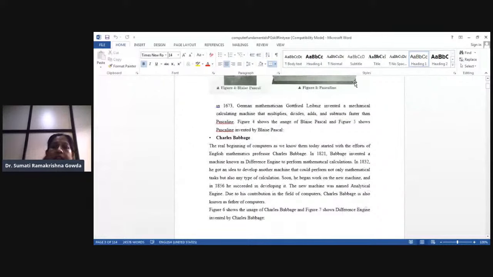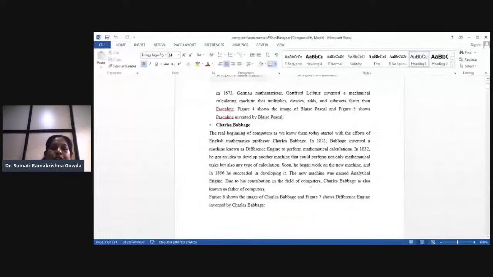See, the earlier Pascaline and Gottfried Leibniz machines were all differential machines. Charles Babbage improved all this and designed an analytical engine which could perform all the mathematical operations. Due to his contribution in the field of computers, Charles Babbage is also known as the father of computers.